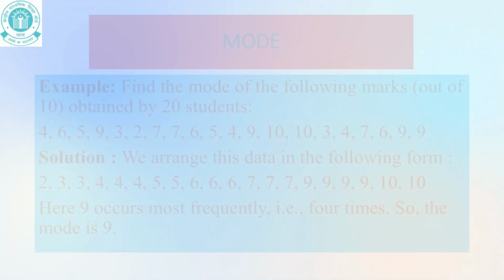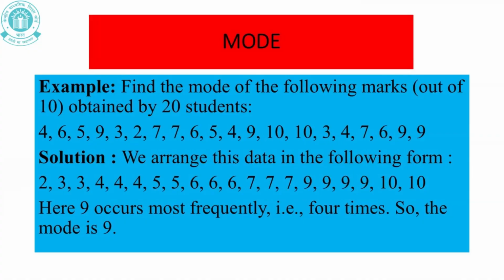The last of the measures of central tendency is mode. As previously discussed, mode is the most frequently occurring value in a dataset. Let us take an example to understand it with more clarity. Find the mode of the following marks out of 10 obtained by 20 students.